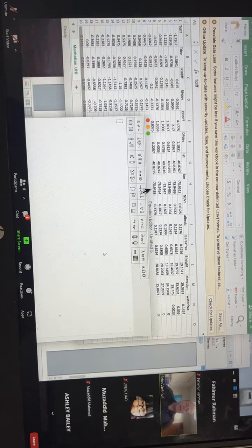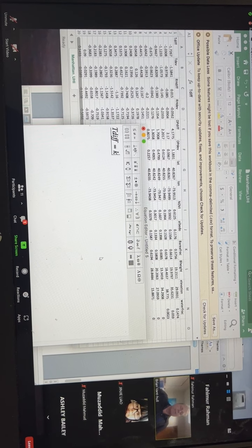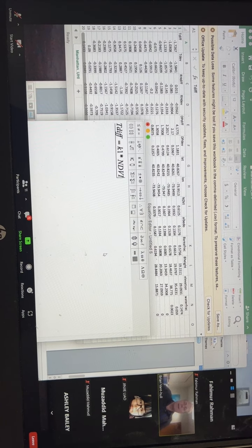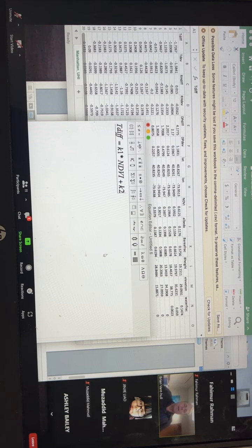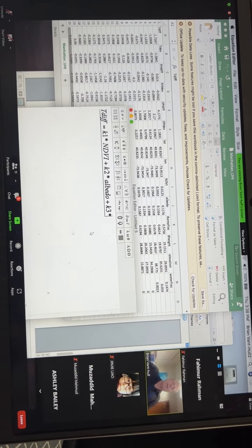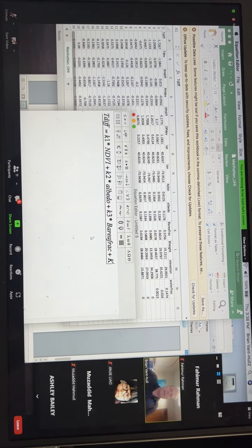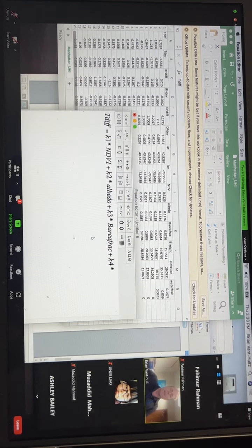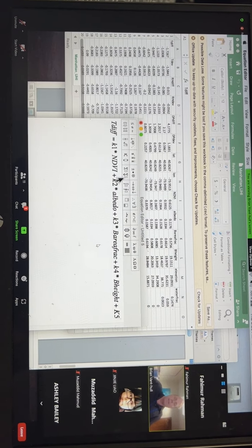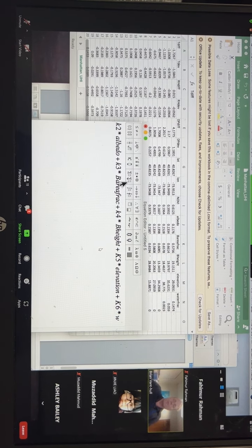So for example, you may say that T-diff is equal to K1 times NDVI plus K2 times albedo plus K3 times B area fraction plus K4 times building height plus K5 times elevation plus K6 times water frac.